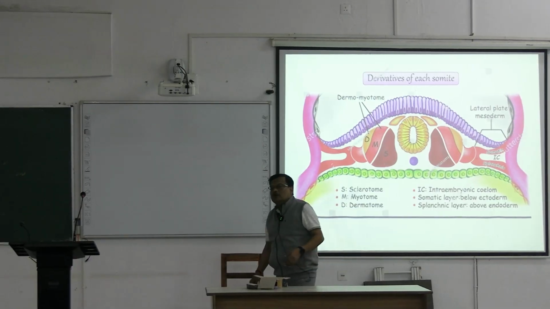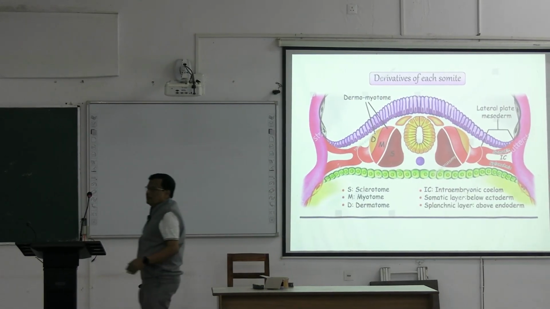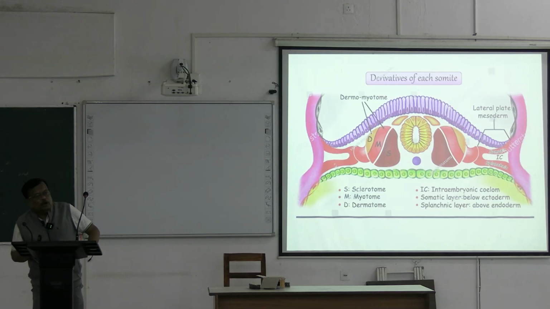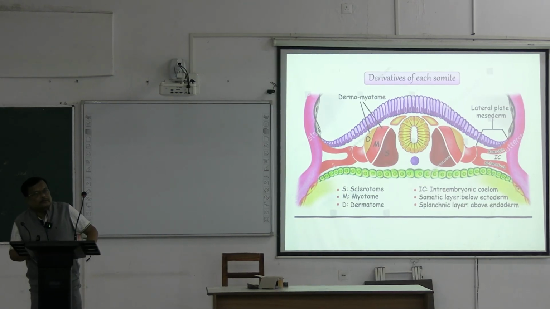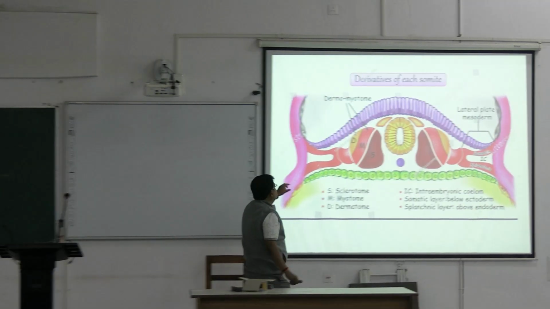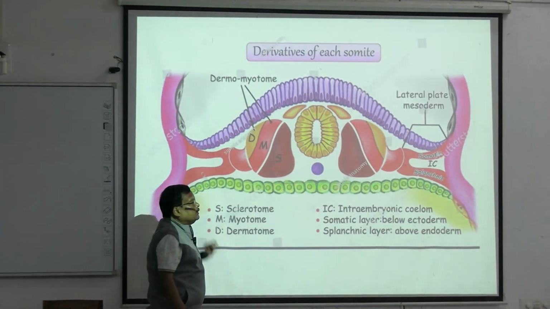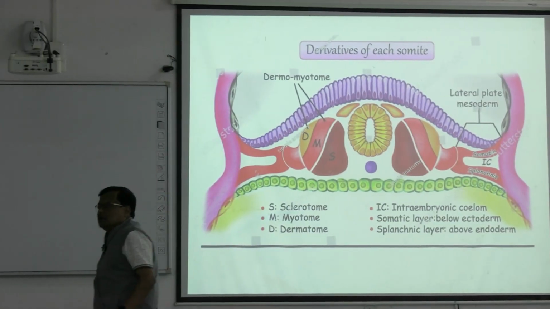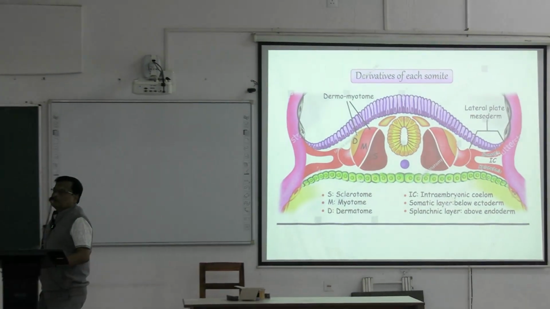So the dorsal sheet of intraembryonic mesoderm we call the somatopleuric layer, and the ventral sheet of mesoderm we call the splanchnopleuric layer of the intraembryonic mesoderm.